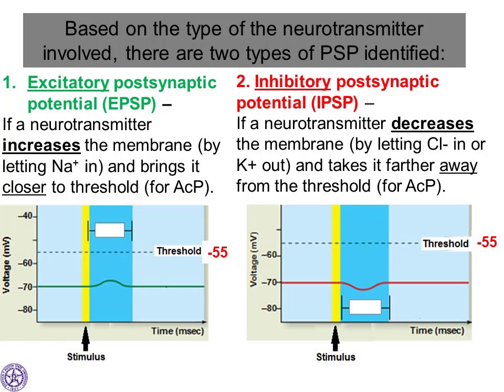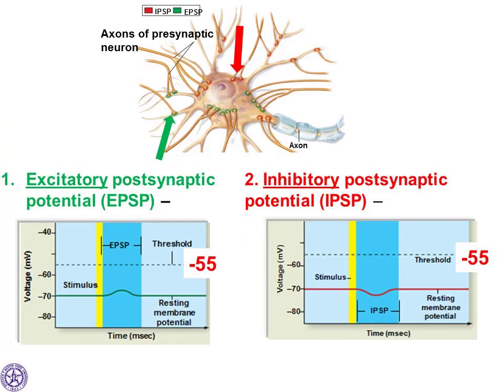And when we look at our receptive segment, whether we're on our dendrites or whether we're on the cell body, we have a number of these happening at the same time. Now, neither one of these, IPSPs or EPSPs, reach threshold, so we're not going to send an action potential down the axon.